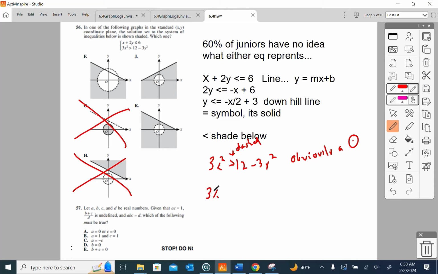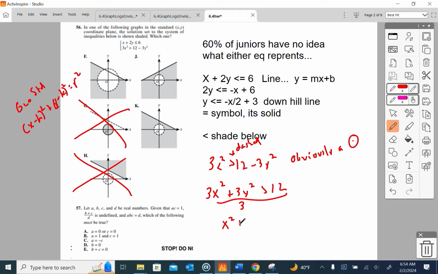We're going to put the 3x squared and the 3y squared on the same side. And I wish I knew what y'all knew. This is a geometry standard. X minus h squared plus y minus k squared equals the radius squared. So what I'm going to do is divide my 3 out.